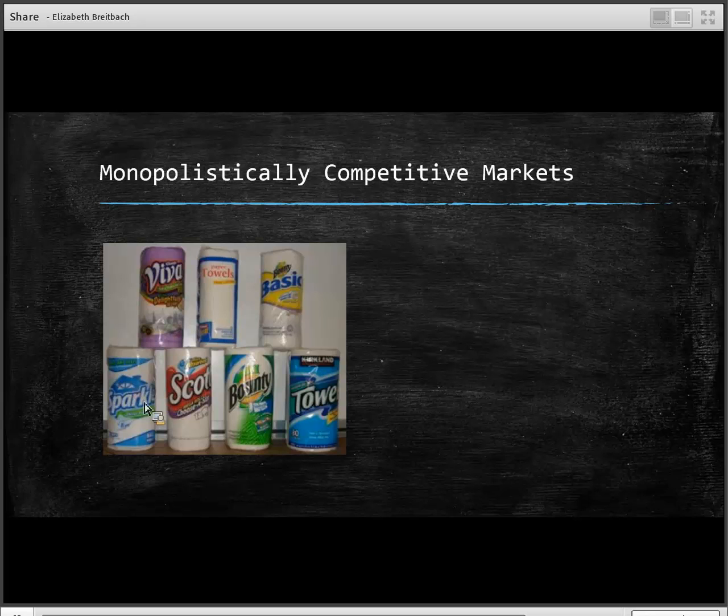But for industry 1, to determine the market share, we're going to add up the share of the top 4 firms. So the top firm produces 30 units, then 25, 25, and 20 units. Together that makes up 100 units.